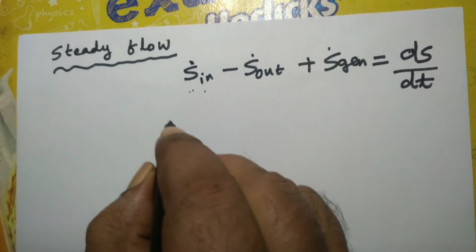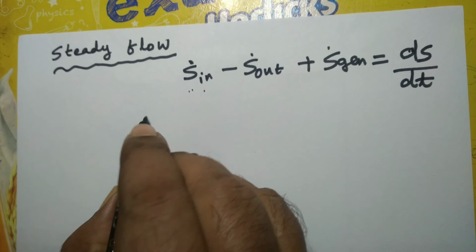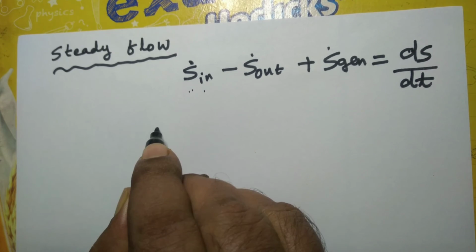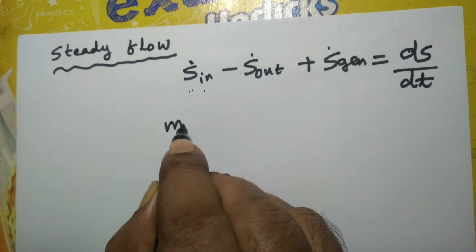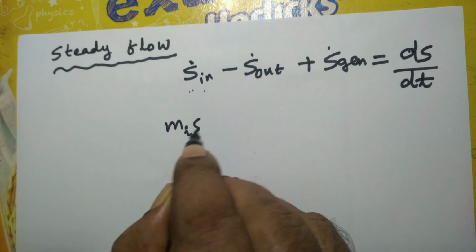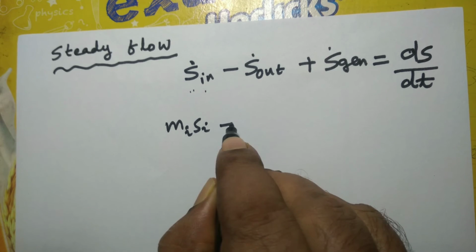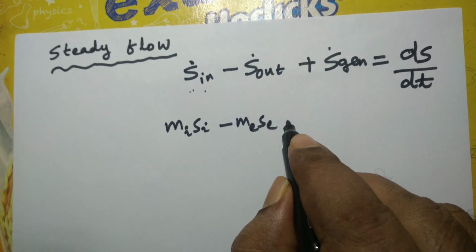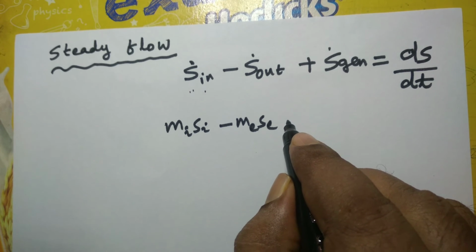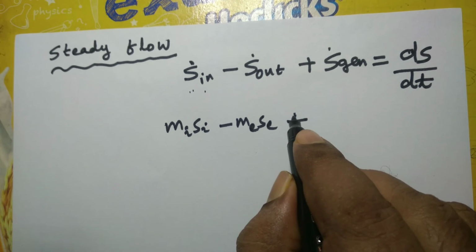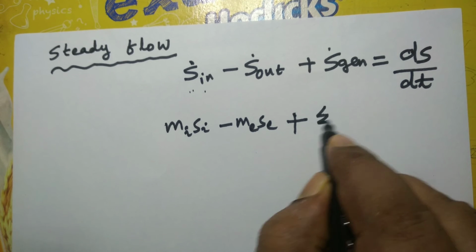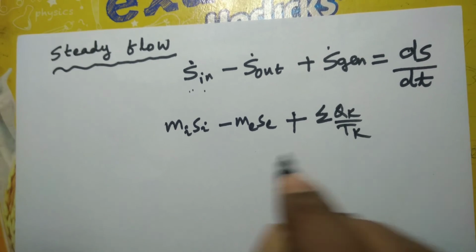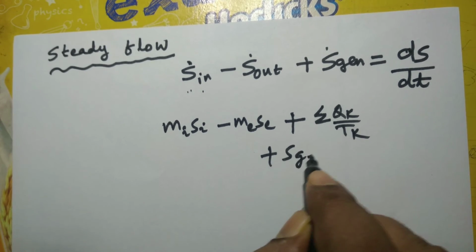From this, if a single stream of fluid is entering: Mi dot Si minus Me dot Se plus S dot gen.